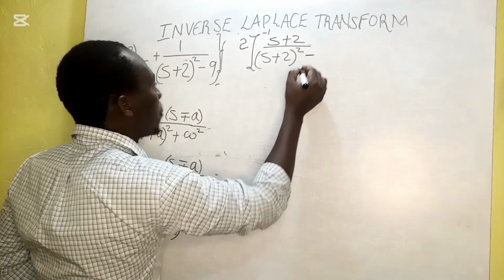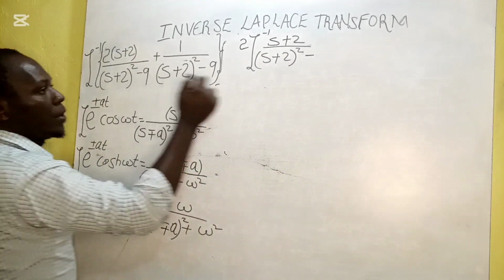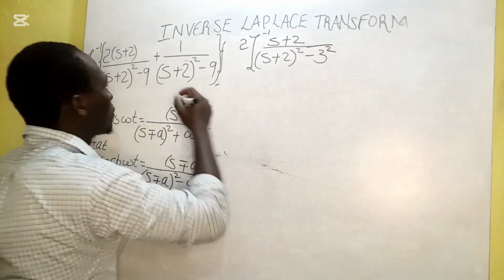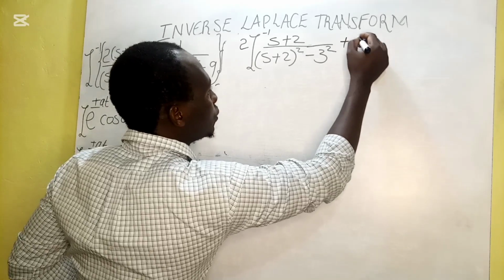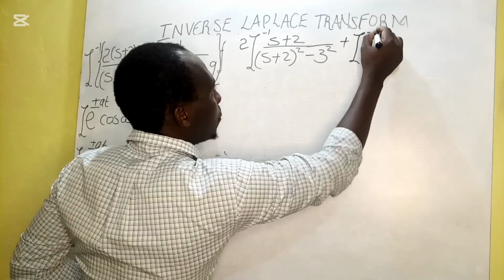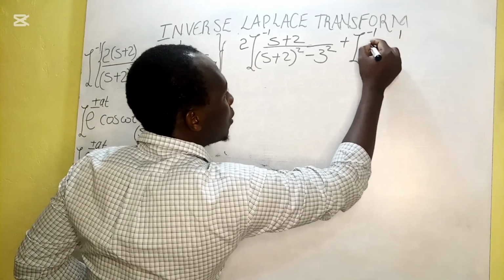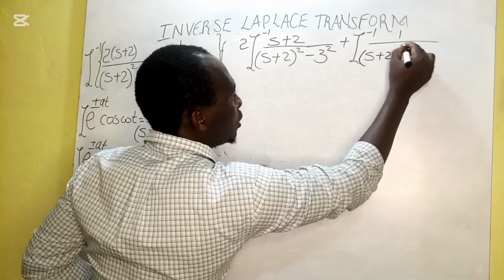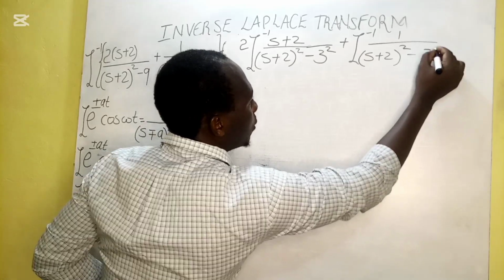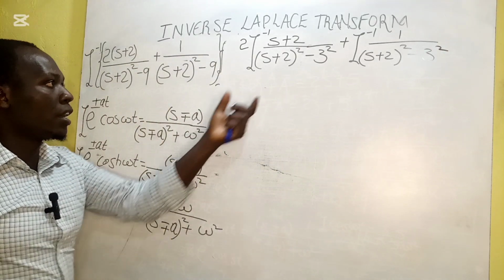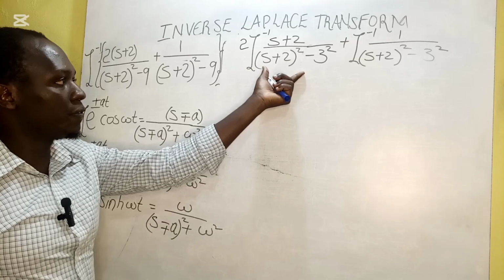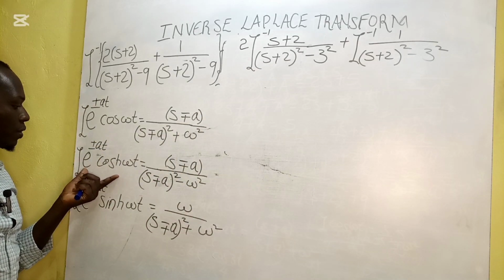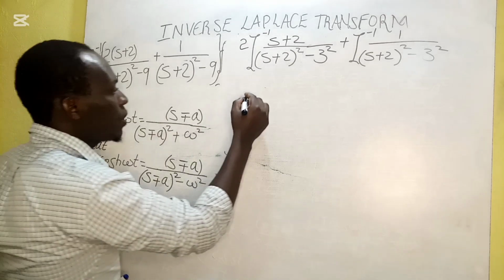We come and subtract from here, we are going to have 3 squared because 3 squared is equal to 9. We add to the inverse Laplace transform of 1 all over s we add to 2 everything squared we subtract from 3 squared. When you check at this function here, the inverse of our first function, it resembles the one for the cos.